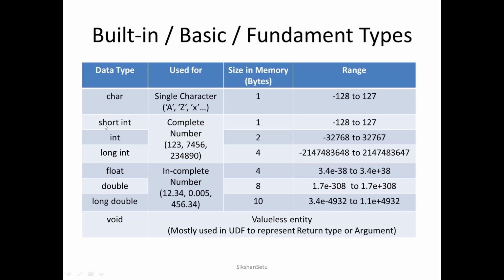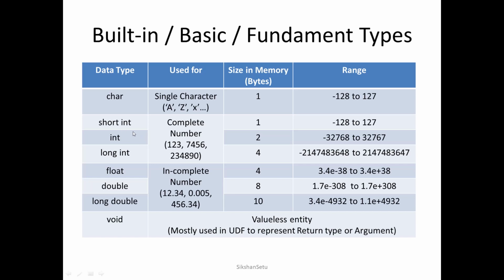To store a small integer value we can have short integer, a medium value we can have integer, and if you want to store a big value, long integer can be used. All this integer part can store only complete numbers. We can see complete numbers like 123, 7456 and likewise.